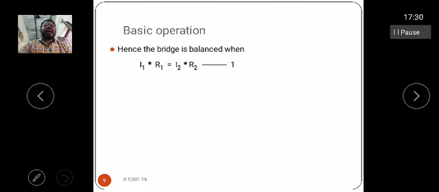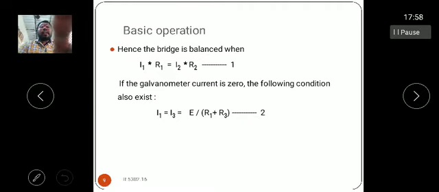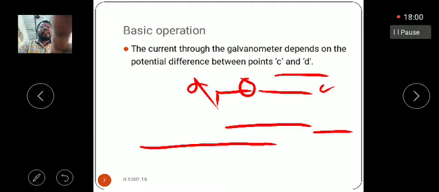If the bridge is balanced, what is the condition? The voltage drop I1 R1 is equal to I2 R2. That means the current is distributed into two resistors only: I1 into the first resistor R1, and I2 into R2. If the galvanometer current is 0, the following condition also exists: I1 is equal to I3.